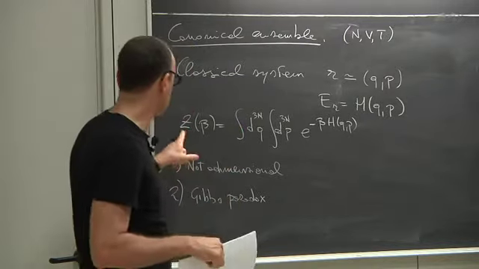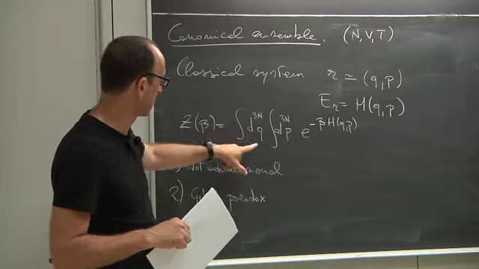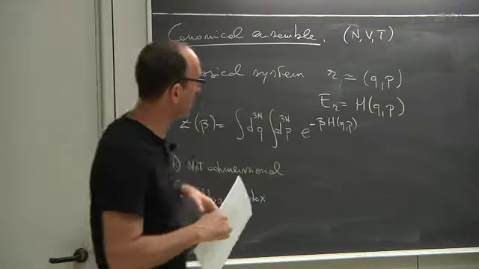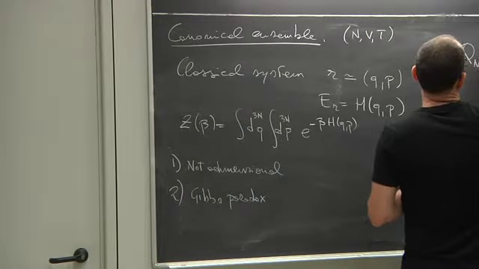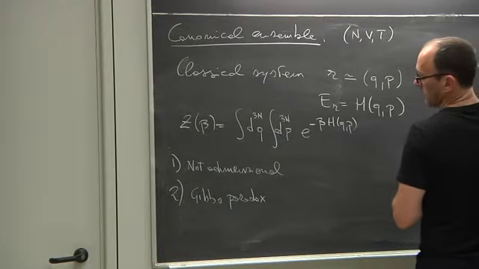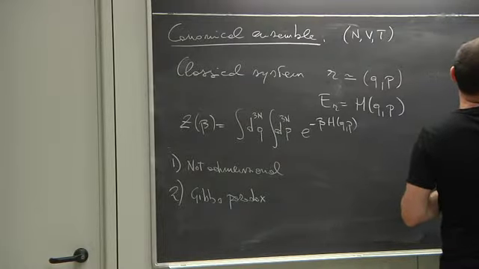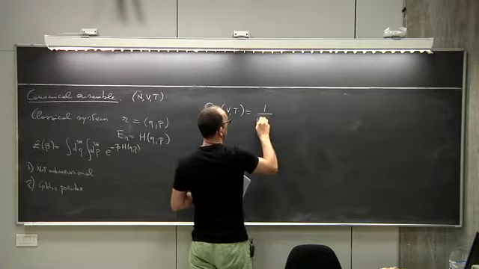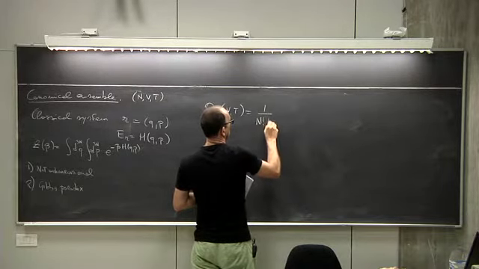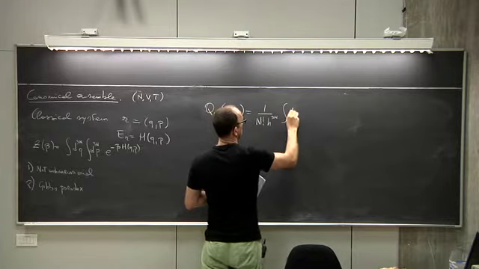So the correct way to define the partition function is not this one, but rather this one. This is a function of volume V and temperature, and is 1 over N factorial times h to the 3N times this integral.